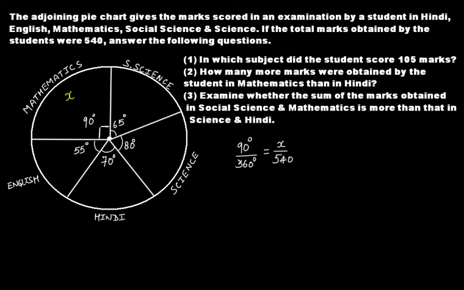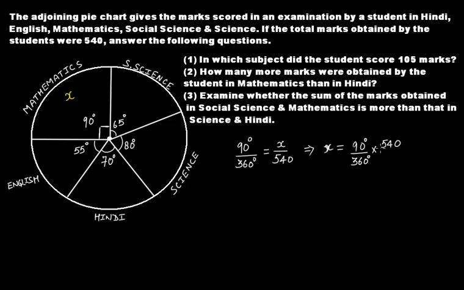Suppose you don't know the value of X, but from here you can calculate it by applying cross products. This gives X is equal to 90 degrees by 360 degrees times 540.